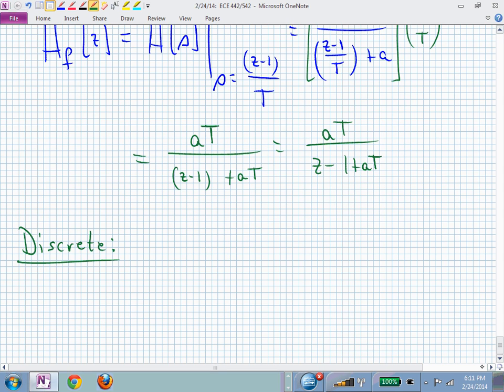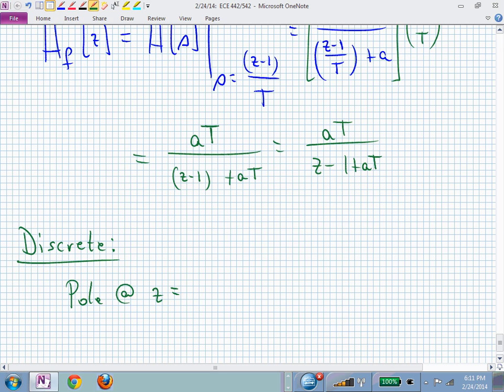What does this discrete transfer function look like? We could start talking about poles and zeros and gains, DC gains. Where's the pole? Do we have a pole? Do we have a finite pole? Do we have a finite value of z that causes that denominator to vanish? We simply set the denominator equal to 0 and evaluate for z.